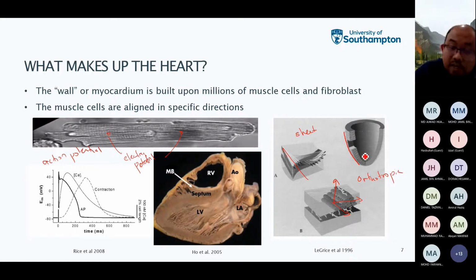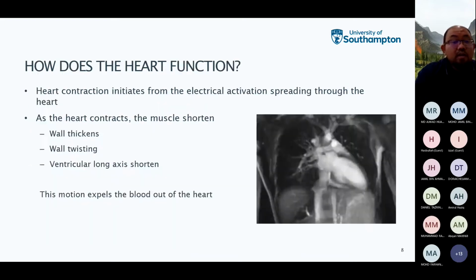Because this is just a drawing, we can see that it is actually the same on a real heart. So how does the heart function? The heart starts contracting from the electrical activation spreading through the heart.